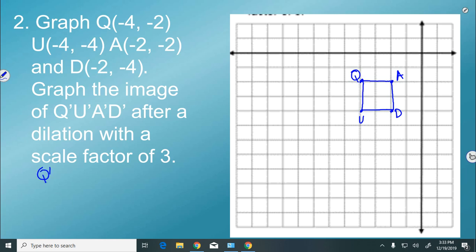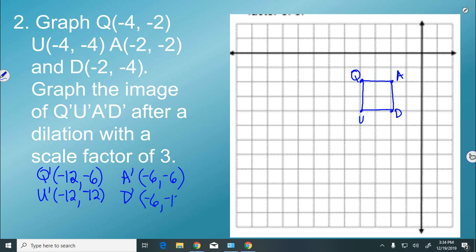So Q', if I multiply Q by 3, is going to be -4 times 3, which is -12, and -2 times 3, which is -6. U' is going to be (-12, -12), because 4 times 3 is 12. A' is going to be (-6, -6), because 2 times 3 is 6. And D' is going to be (-6, -12), because -2 times 3 is -6, and -4 times 3 is -12.